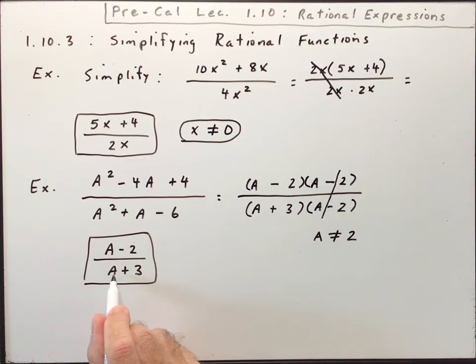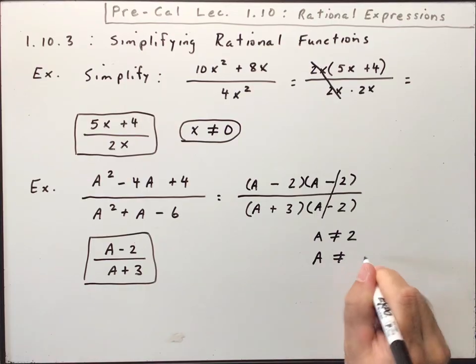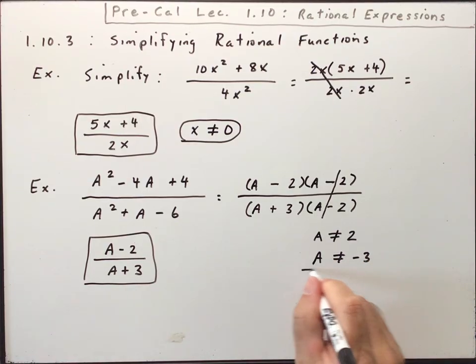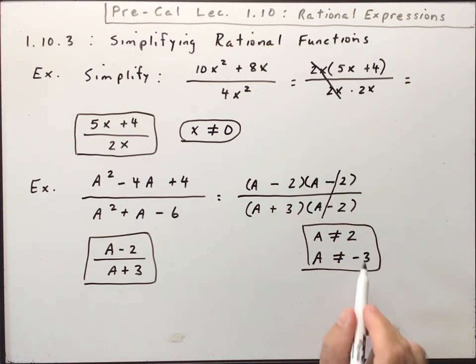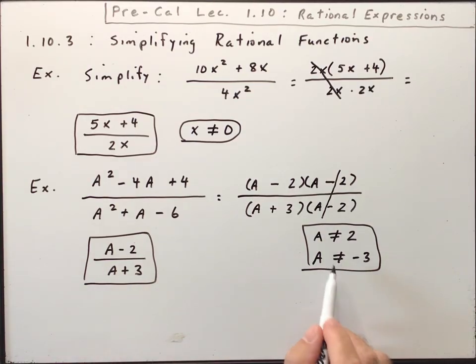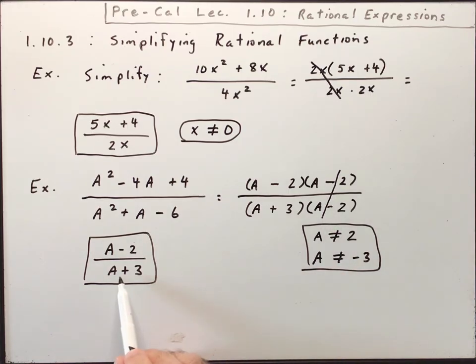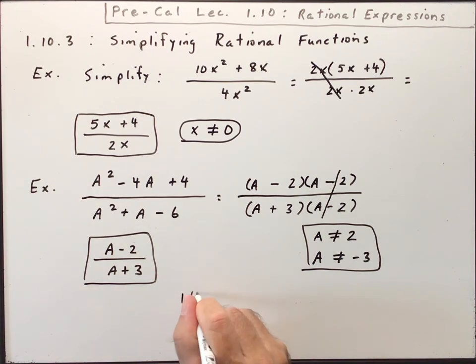What can a not be in my final answer? Well, a cannot be negative 3. So that's also part of my answer, the domain restriction. Negative 3 plus 3 is 0. So we'd have to include both of those. So include it when you cross one out, and then in the final answer, you have to include that one as well.